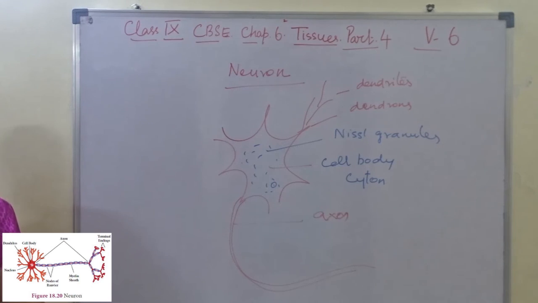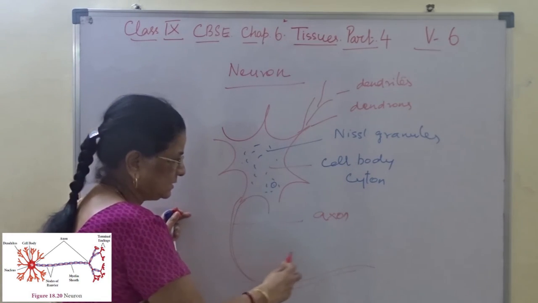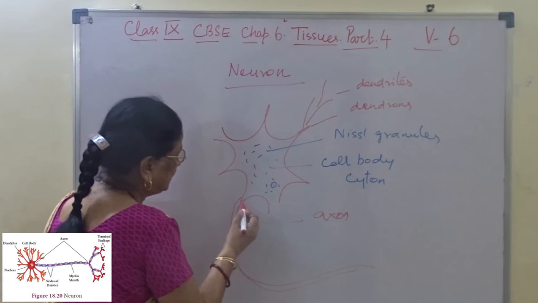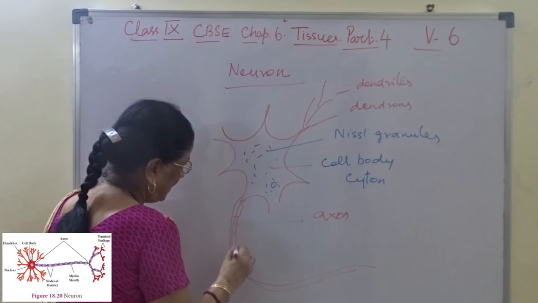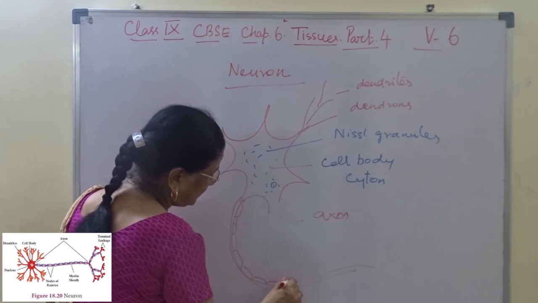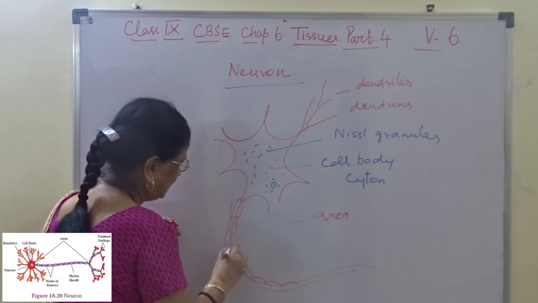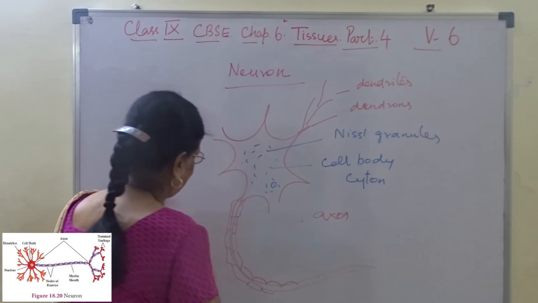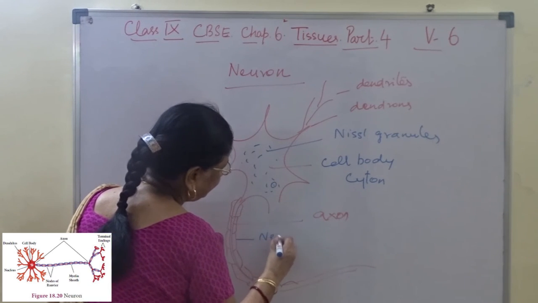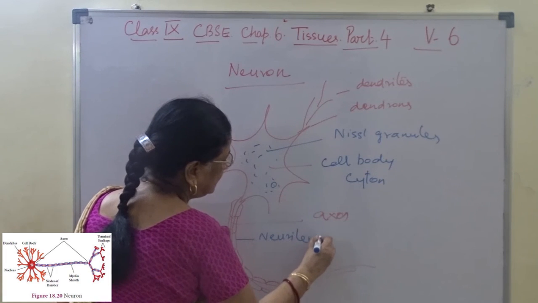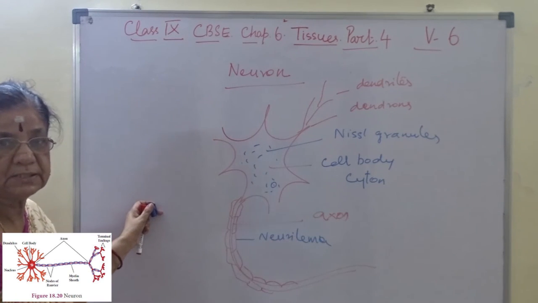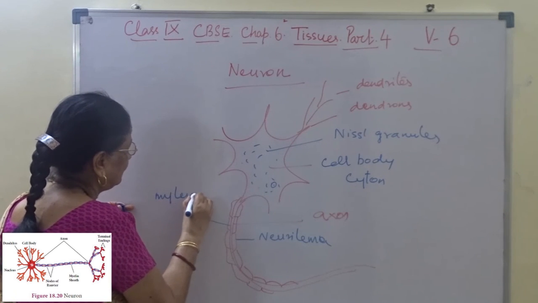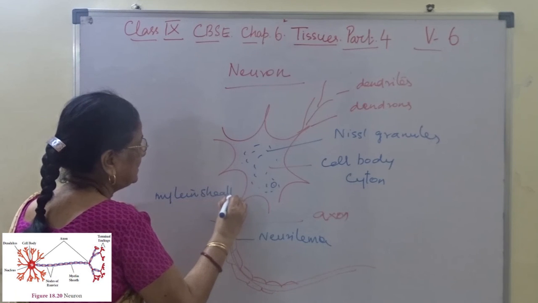One of the dendrons branches into a long-tailed structure, that is called axon. Now this axon has two layers. The outer layer is not smooth in nature, and that is called neuroderma, and the inner layer is the myelin sheath.